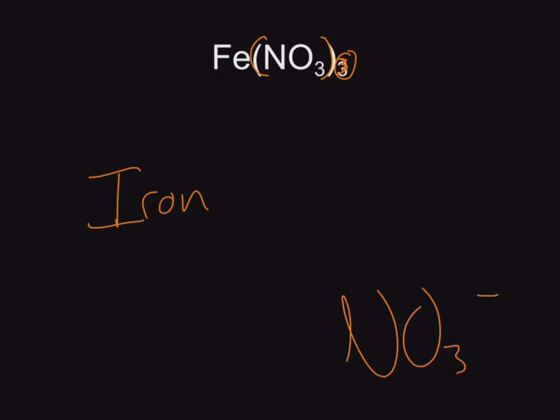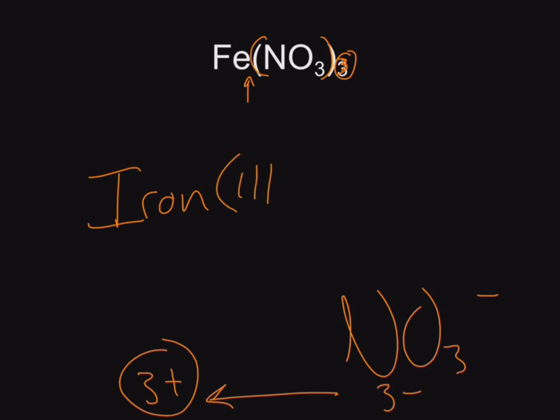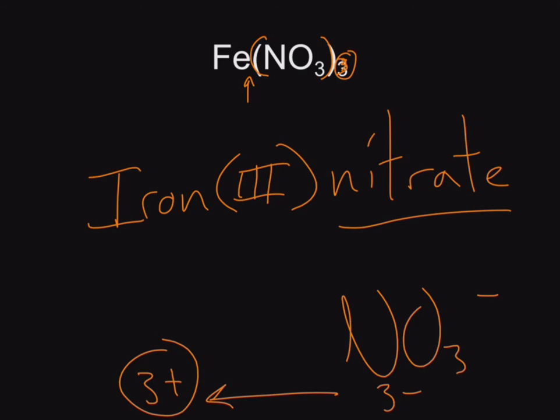There are 3 nitrates. So the total negative charge is -3. That means the total positive charge has to be 3. And there's only 1 iron, so 3 divided by 1 is 3. So it's iron(III) nitrate. Again, we don't change the name of the polyatomic ion when we put it in a compound.